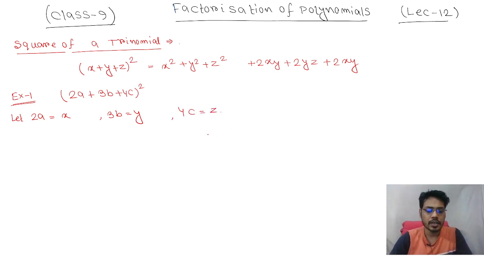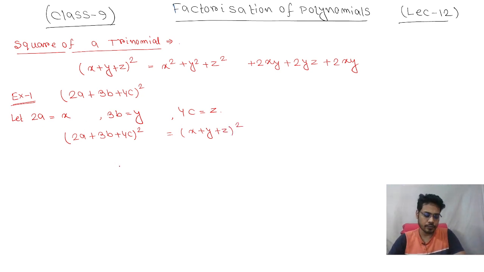So 2a plus 3b plus 4c its whole square we can write as x plus y plus z whole square.